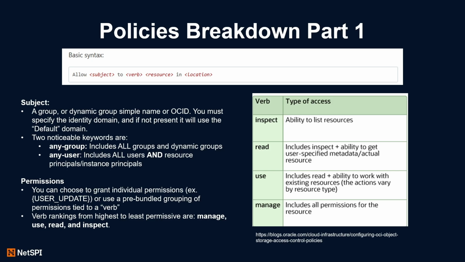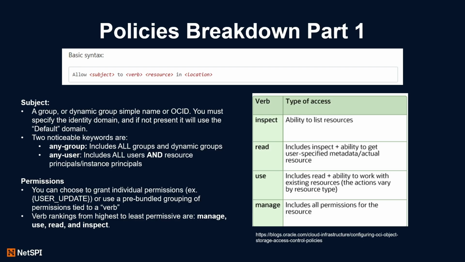Something important to note is that unlike AWS or GCP, where you can usually designate specific users, so you can say the user Scott has these permissions, in OCI, with some notable exceptions we'll note later, you generally have to specify a group or dynamic group. If you want to give a user permissions, you have to put a user in a group, and then specify that group name in a policy. There is no way to say allow user Scott to do something. It has to be allow group ABC to do something, and then Scott needs to be in group ABC.